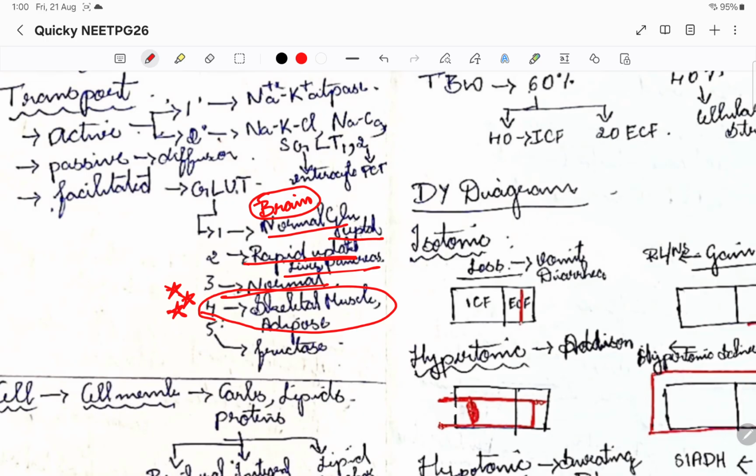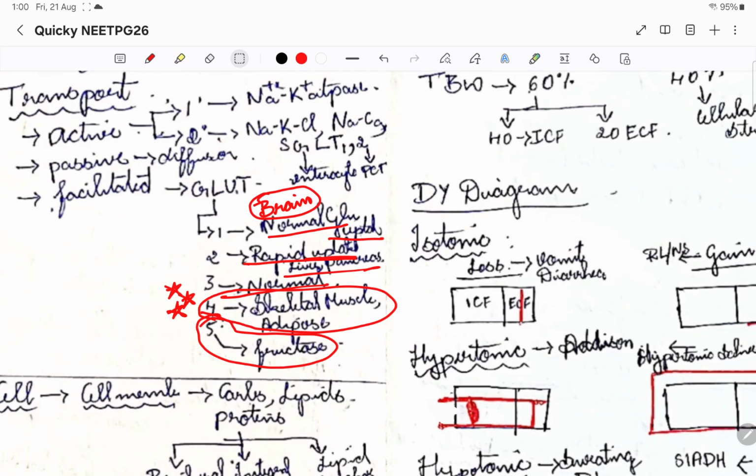When asked which GLUT mechanism acts in skeletal muscle and adipose tissue, it is GLUT4. Then GLUT5 will be fructose, and GLUT1 to 4 will be glucose. So this is with regard to facilitated diffusion.